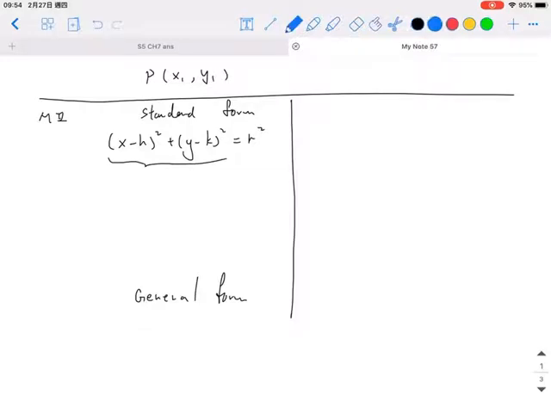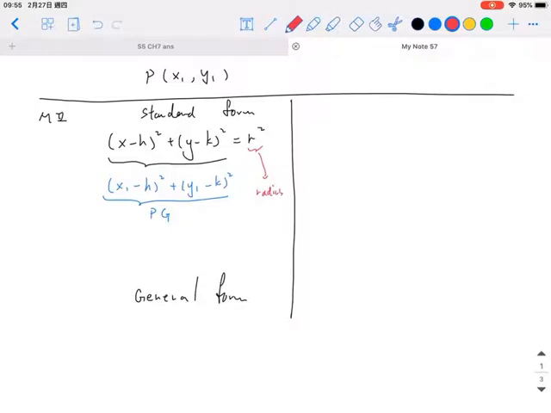If I put point P (x1, y1) into it, H is the center, right? Plus (y1 minus k) squared. And these items we will call PG, right? This is the distance point formula. And the right-hand side R is the radius.